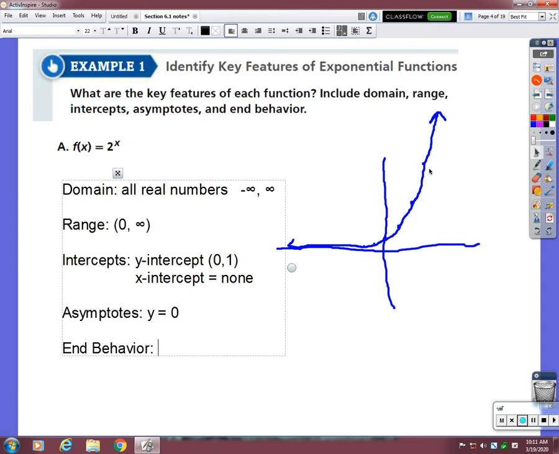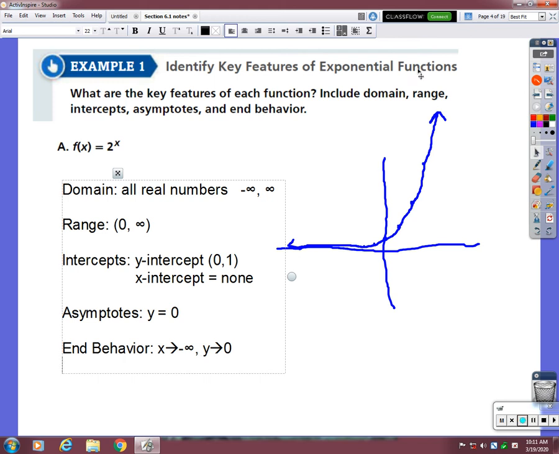is that, I don't know if I can write this with the little tool that I have here. Let's see, as x approaches negative infinity, then we can see that the y values approach 0.